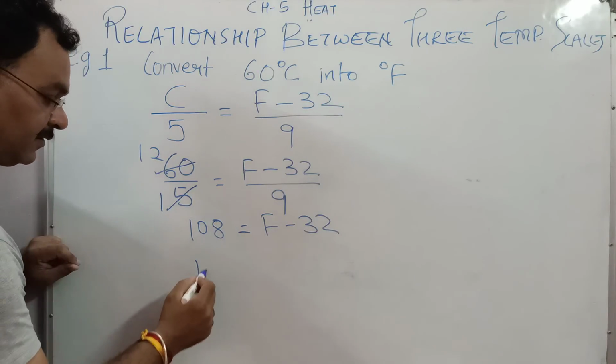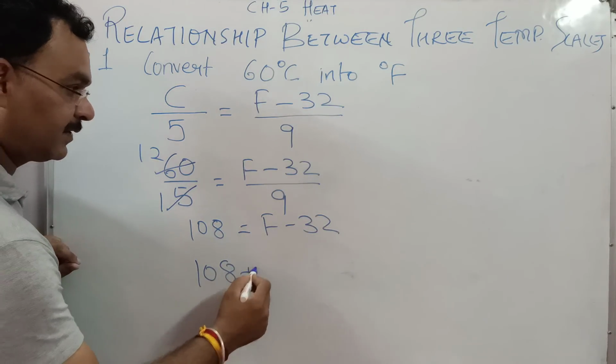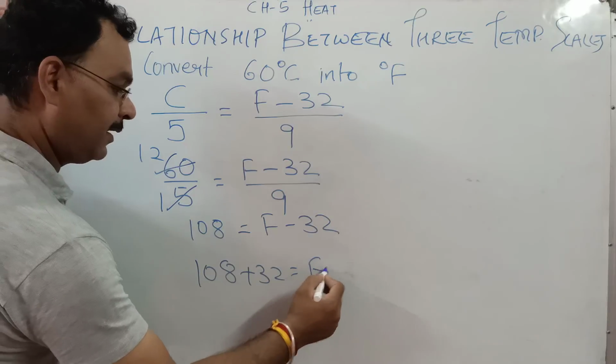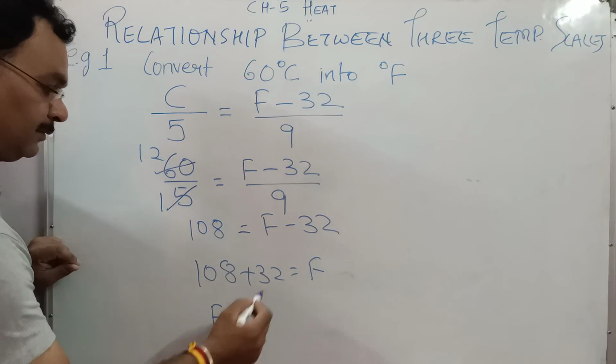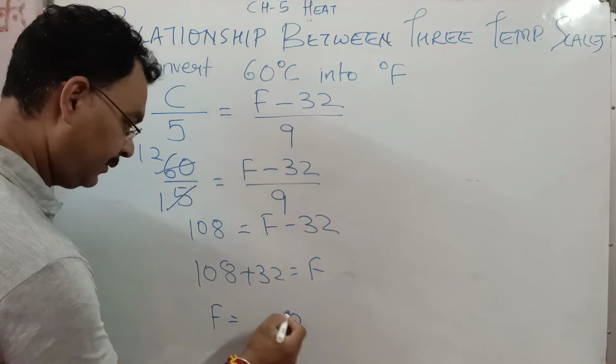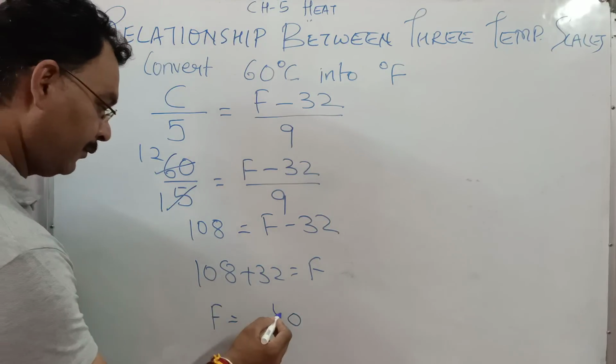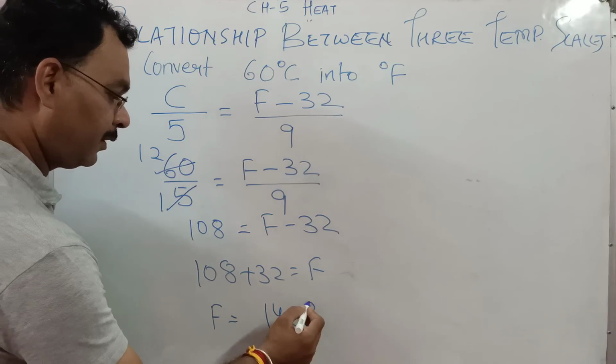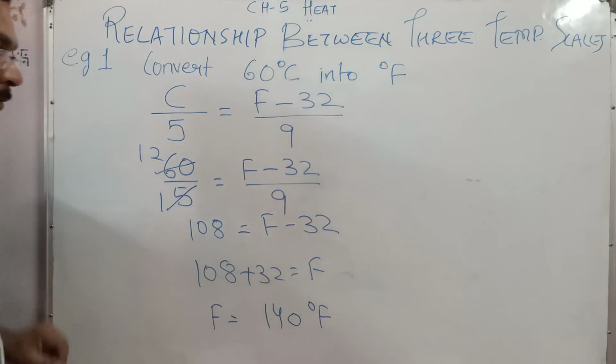Now transposing 32 to the other side, 108 plus 32 is equal to F, or F is equal to 140 degree Fahrenheit.